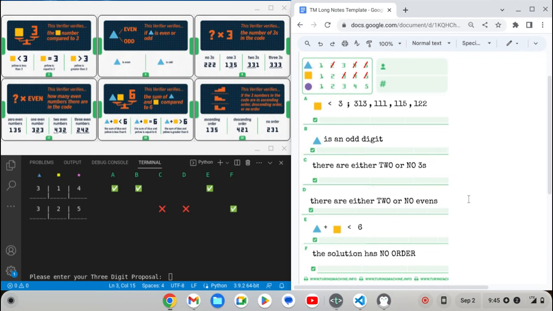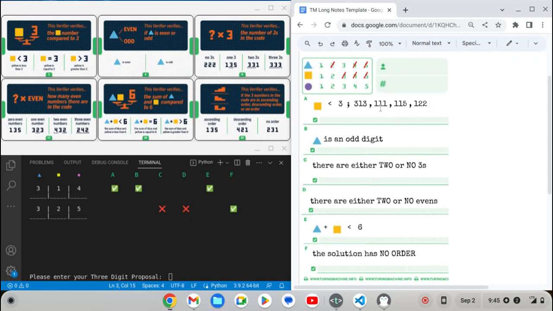So we're going to have to pick among the first 3, and potentially, let's see, what's the difference between 111 and 115? They both have no evens and no 3s, and they are both no order.